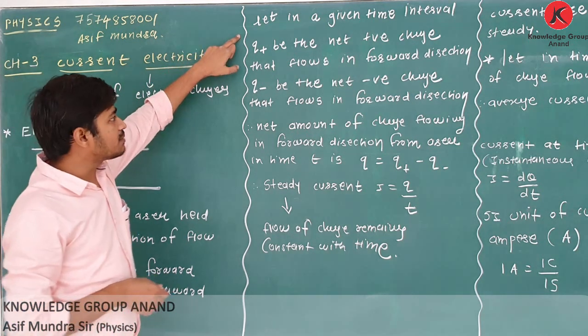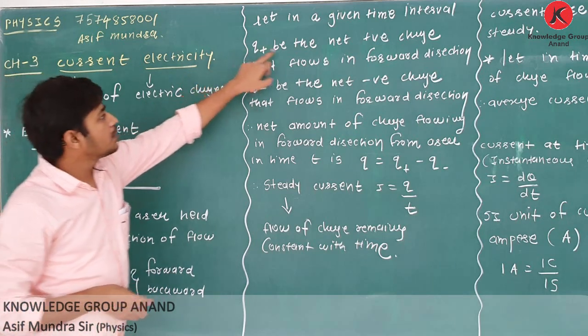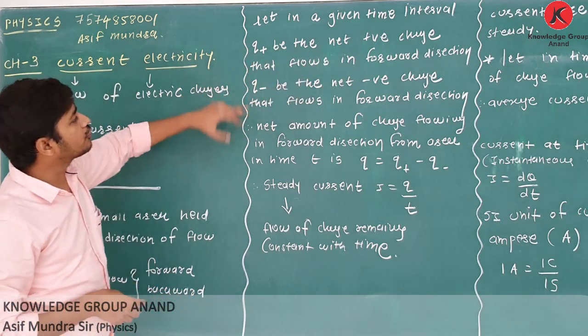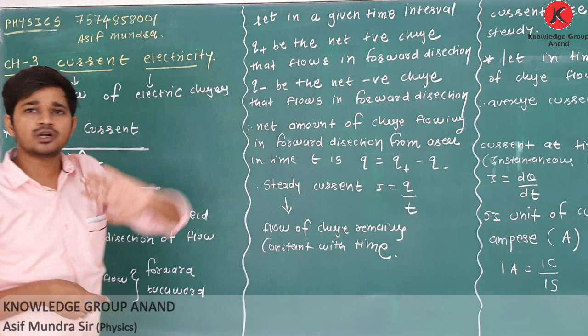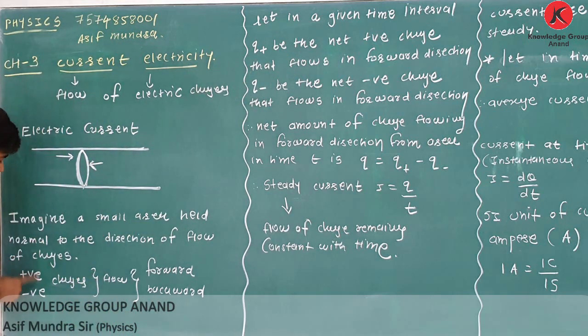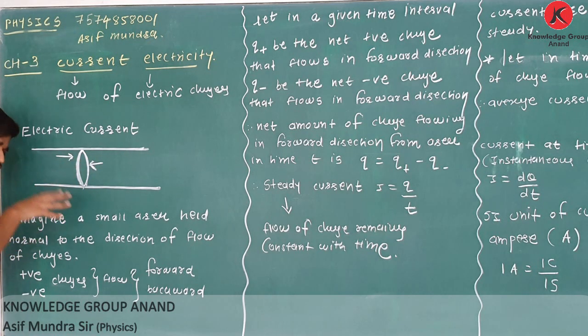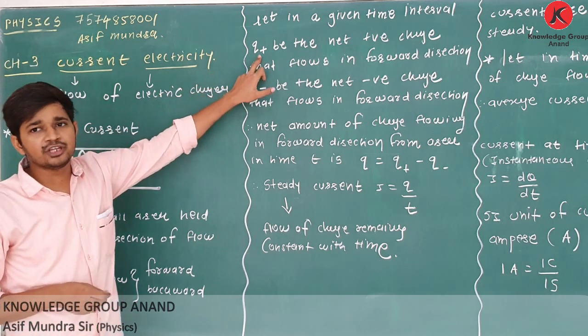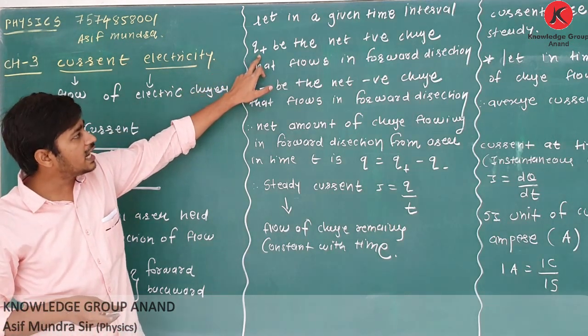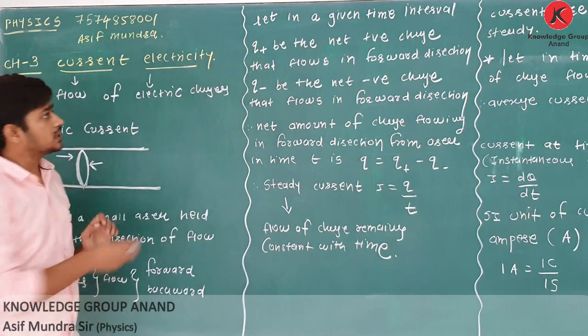Suppose in a given time interval, Q plus is the total net positive charge that flows in the forward direction. These positive and negative charges are moving in forward and backward directions.